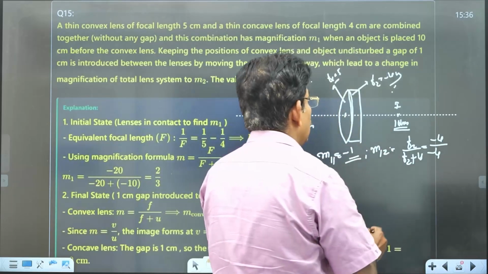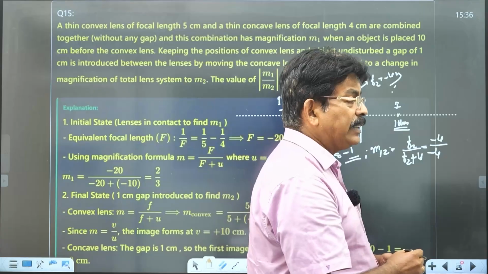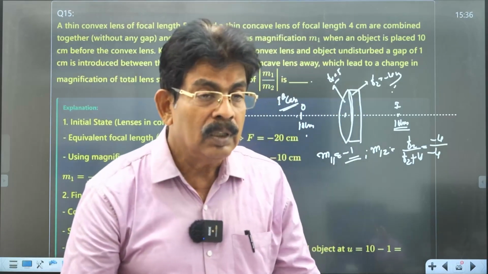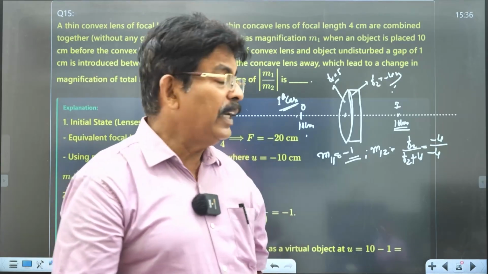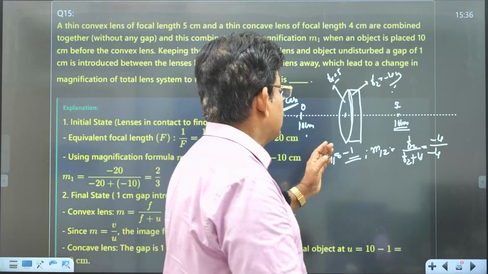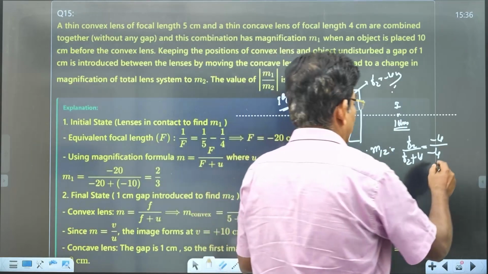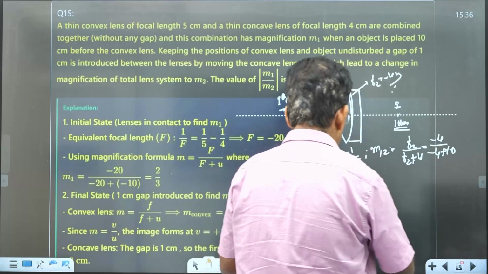And here the intermediate image I acts as an object for what? The second lens. So the second lens object distance is what? 10 centimeter behind the lens. So we can take it as +10.